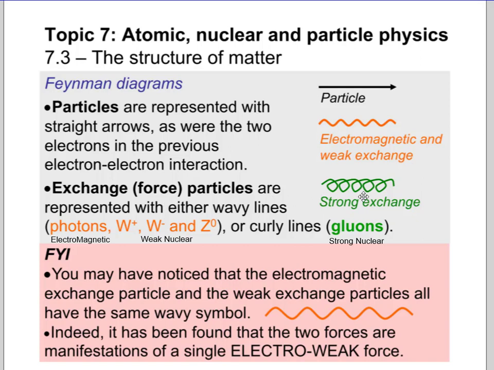And then lastly, gluons, which has this little green curly Q. And that's the strong nuclear. So the electromagnetic exchange particles and the weak exchange particles are actually linked together. So they've actually been combined into an electroweak force. So these are our three symbols. This is what we need to know.